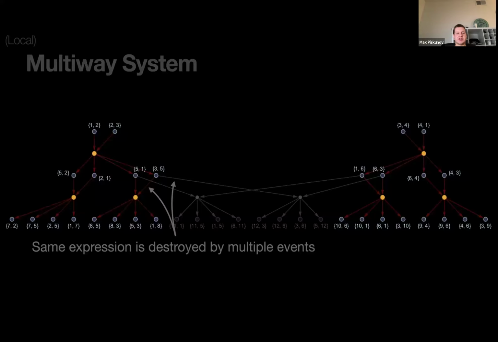But the single-way expression event graphs are just subgraphs of this graph. So for instance, the highlighted one now is the first one that has two disconnected components, and this is the second one.